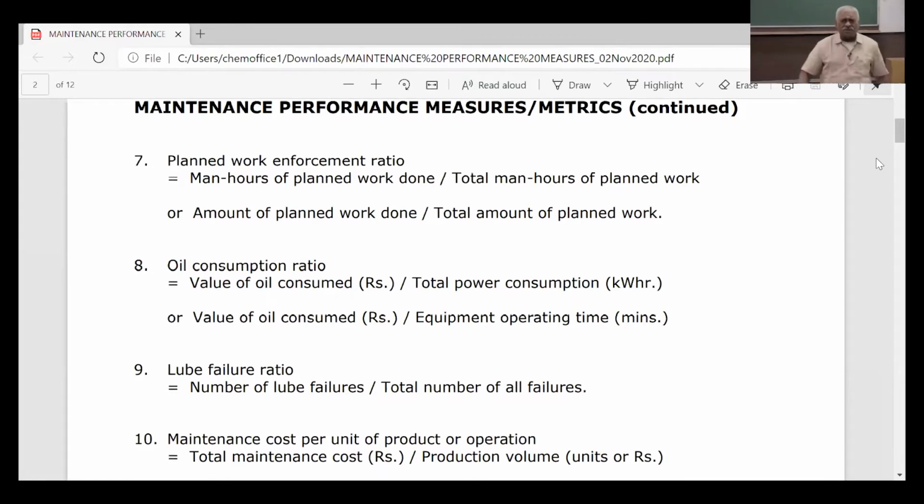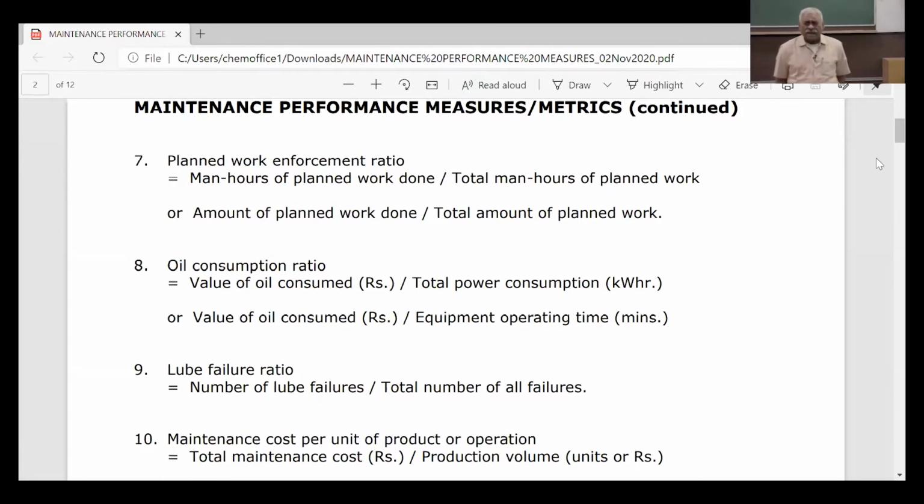So that's why the concept of earned value will come in, and that is the reason I was pointing out that it need not be only man hours. Man hours is easy to log in, especially if your documentation is correct. It can be in rupee terms also if you wish to have it that way. That's why I said amount of planned work done by total amount of planned work.